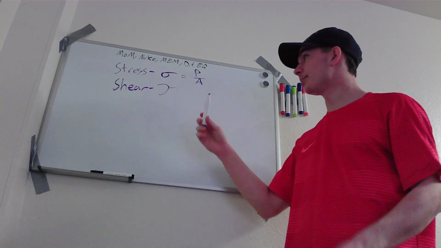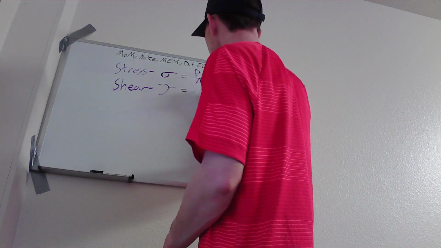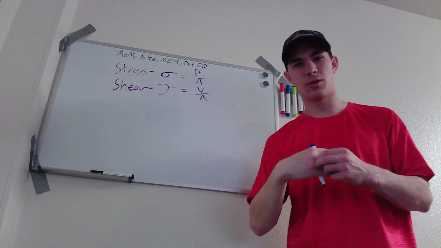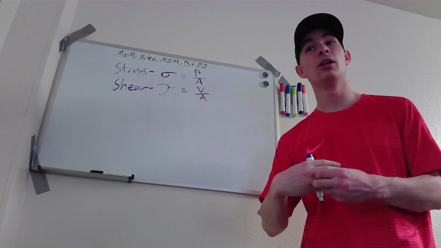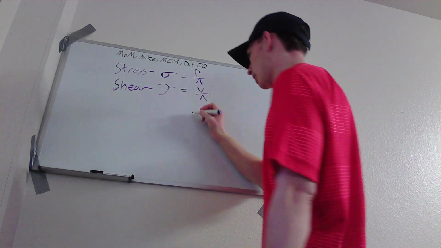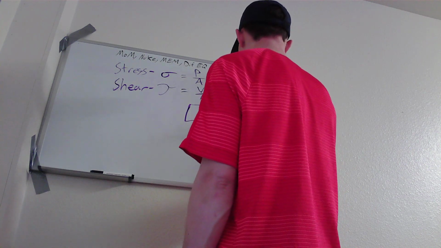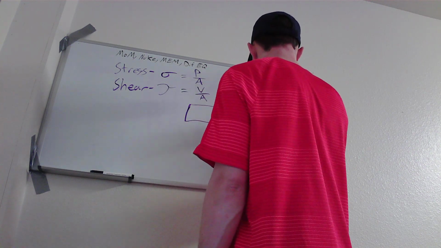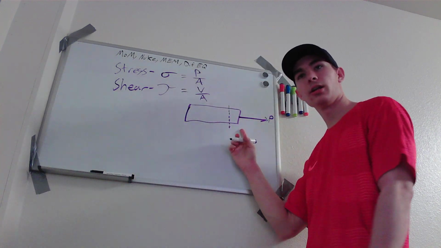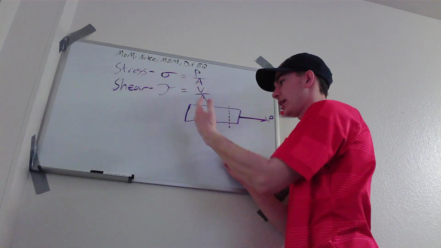And shear is defined as V over A. V is just what we represent as shear pressure. It's different than total pressure because you're going to have an object, and here's your pressure, here's your P, and you look at this area here, well, you're going to have just a normal stress in this area.